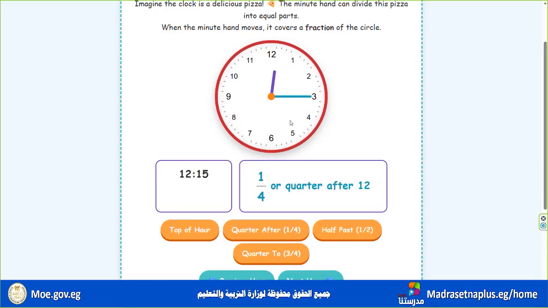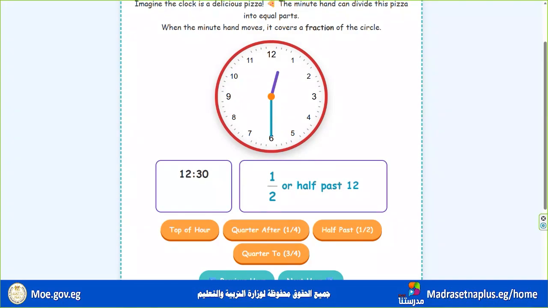Now let's study another part by increasing by half. The time now is 12:30. 12:30 in digits means half past 12.